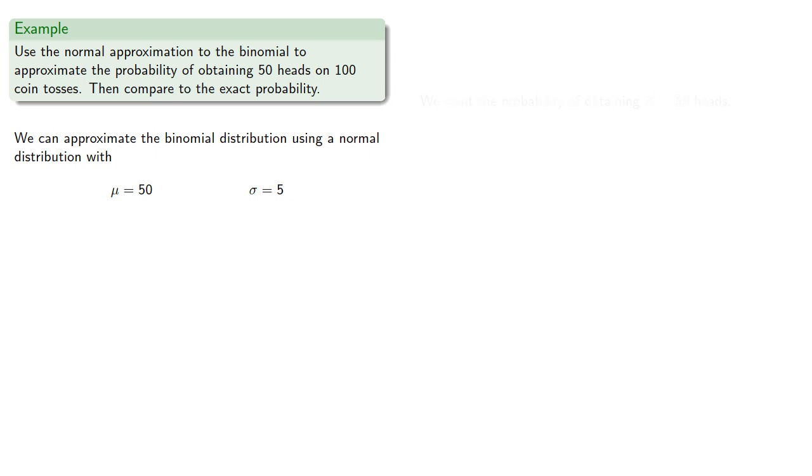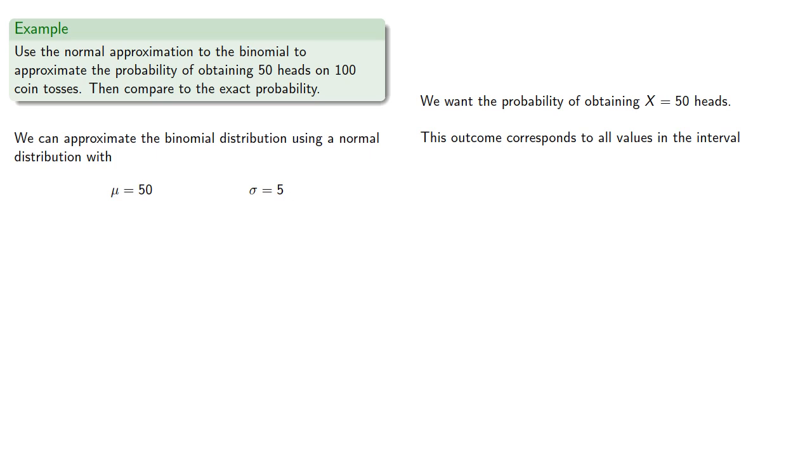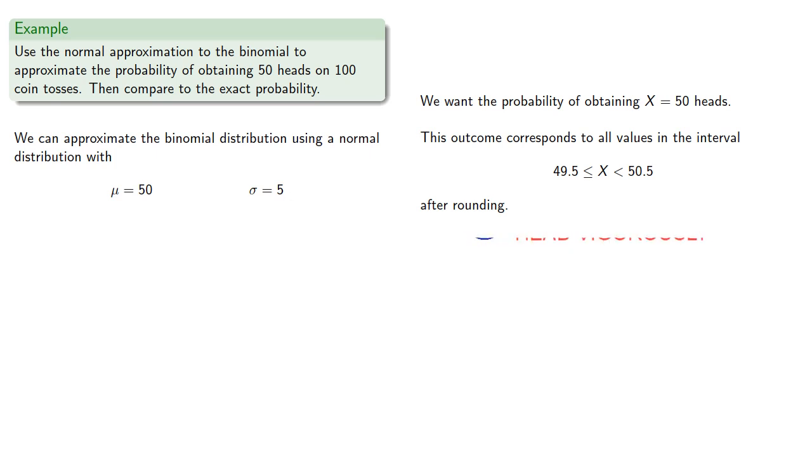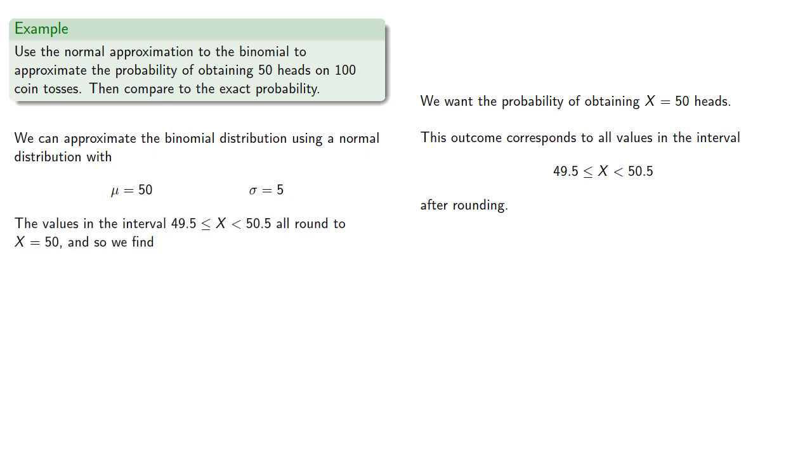So we want the probability of obtaining exactly x equals 50 heads. This outcome corresponds to all values in the interval between 49.5 inclusive up to 50.5 after rounding. And so the values in this interval all round to x equals 50, and so we can find the probability we fall in that interval.